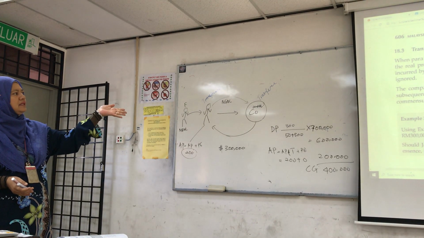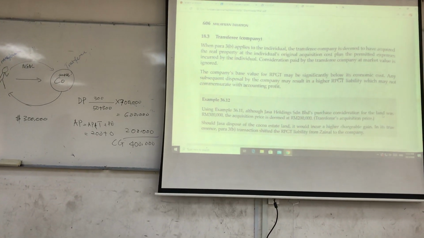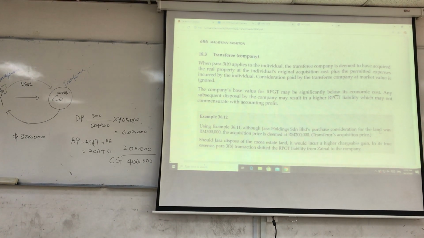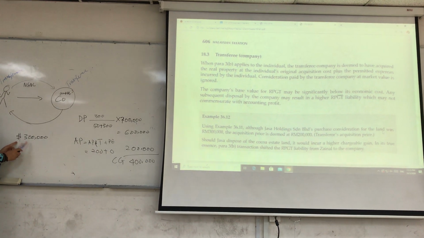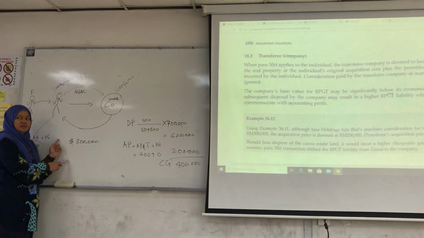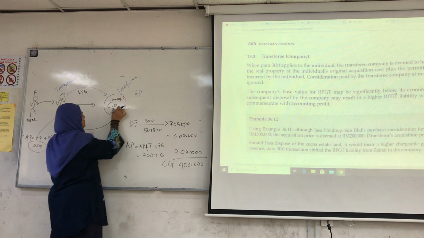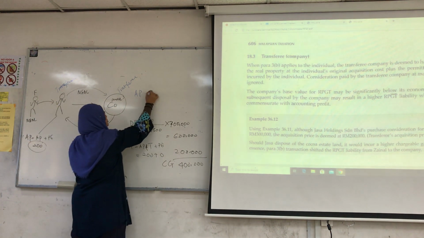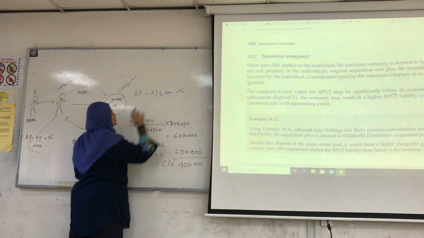To the company, where para 3B applies to the individual, the transferee company is deemed to have acquired the real property at the individual's original acquisition cost plus permitted expenses. So remember that the company pays 300,000 in shares. But this is disregarded because to the company, the acquisition price of the property goes back to AP of donor plus PE of donor.